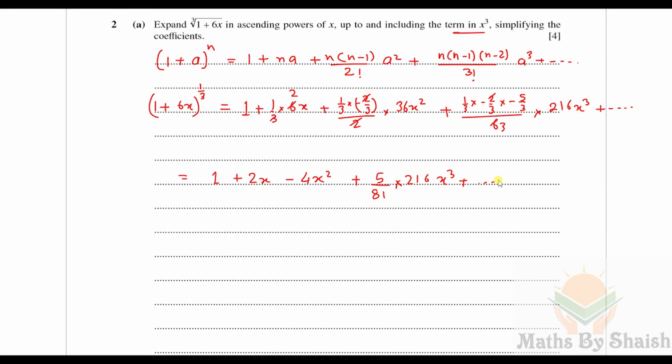We don't need to write that. So now we can simplify this also, and it is going to be 27. We will cancel it and we'll get 3, and here it is 8 times. So the final answer we got is 1 plus 2x minus 4x squared plus 8 5s are 40 over 3 x cube. So that's the answer.